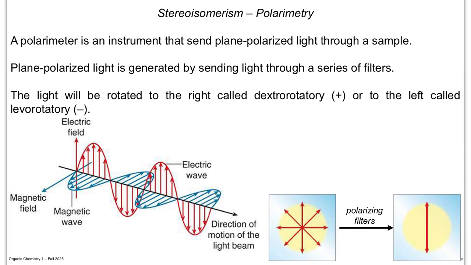If you were able to visualize the electric and magnetic vectors, they would be infinite amongst this circle. You could put a polarizing filter in there that's going to select out one of them. When you go outside in the summer and you put on sunglasses, this is essentially what's happening. You're filtering out a lot of that light.